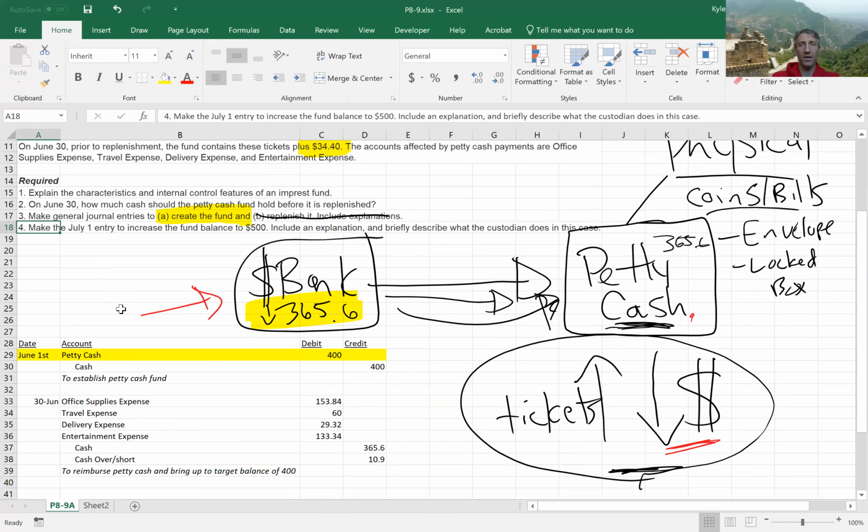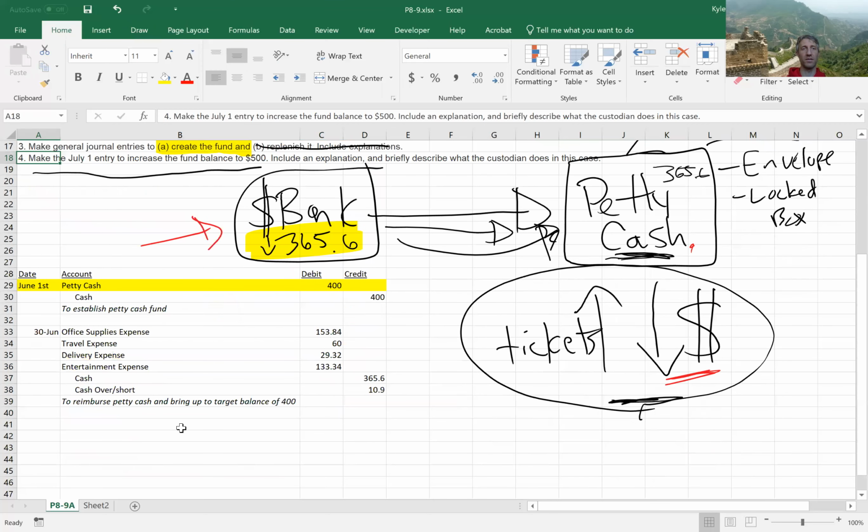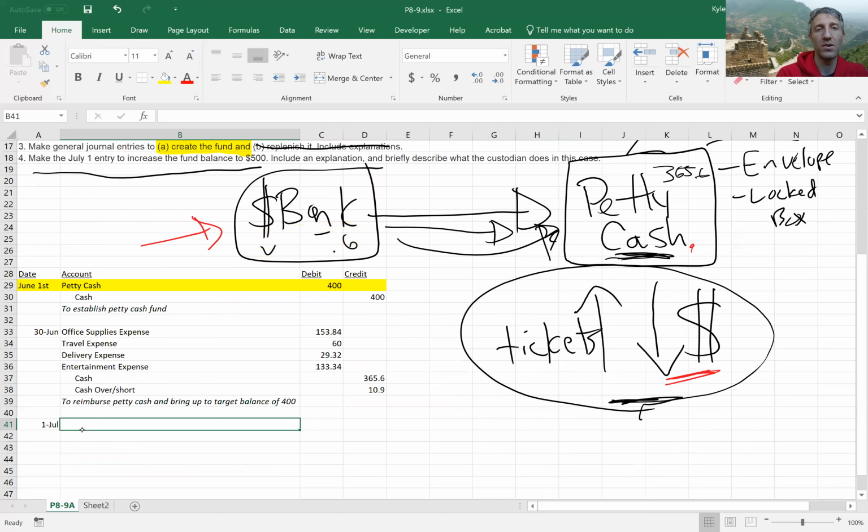And then it says here, so the very final requirement, make the July 1st entry to increase fund balance to 500. So now they've decided they want to increase the fund balance from $400 to $500. And this is on July 1st. To do that, we know there's already $400 in petty cash. We just withdrew the money to put it back into petty cash to get it to go up to $400.